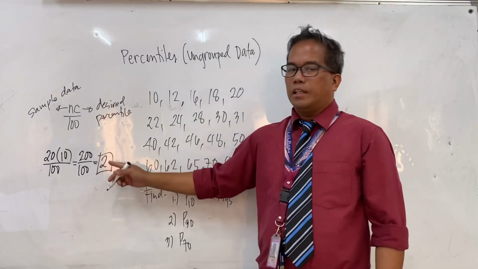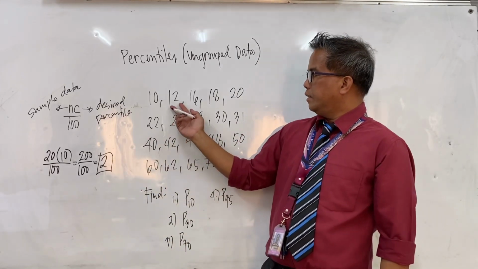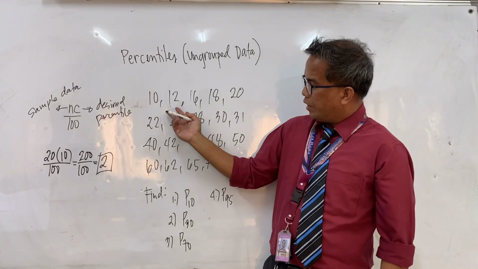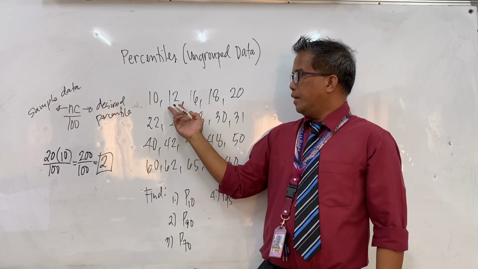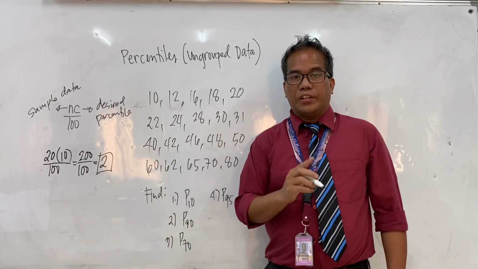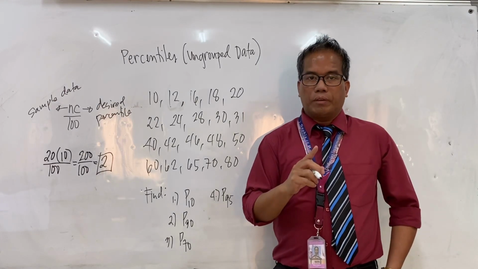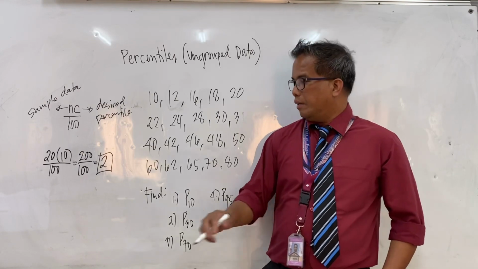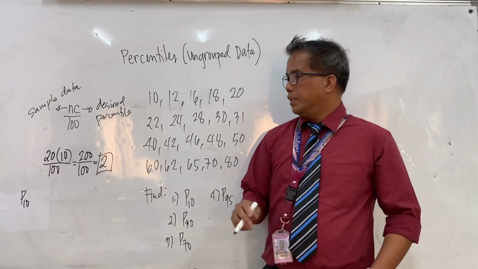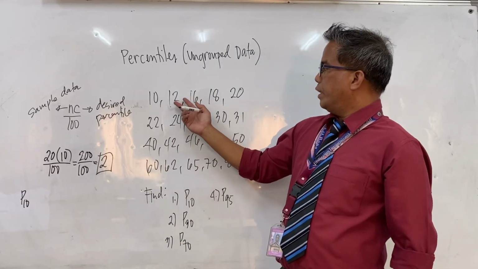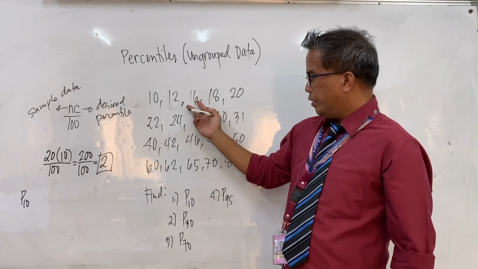You will notice that this location is the second observation, or the second in the ranked data. It's an integer. If it is an integer, it means that we will add 0.5. Then P of 10 is between the second and the third term.